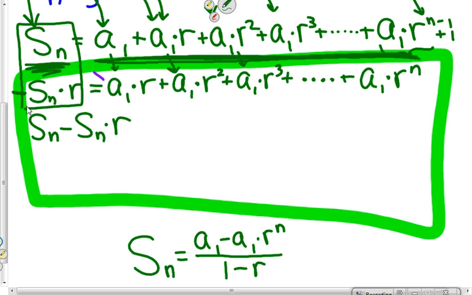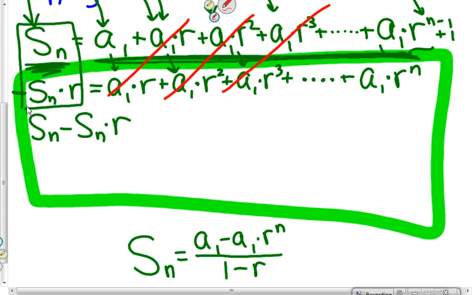What happens with A1R? It cancels. Plus A1R squared minus A1R squared. Cancels. A1R cubed minus A1R cubed. A1R to the fourth minus A1R to the fourth. A1R to the fifth. This continues to happen.